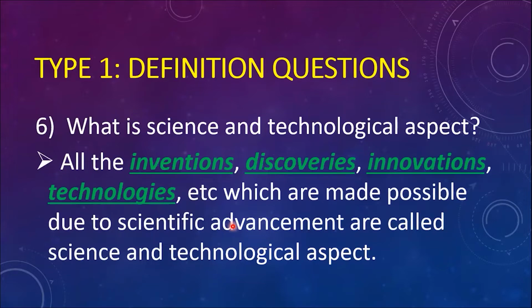I have kept the link of the video there. So now you can see here these first, second, third and fourth words are underlined here. All the inventions, discoveries, innovations and technologies. If you remember these four words, you can easily define science and technological aspect.